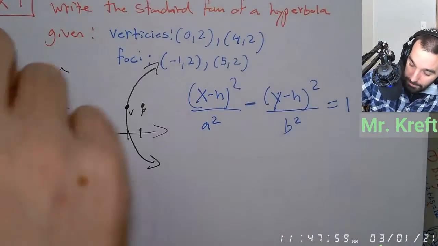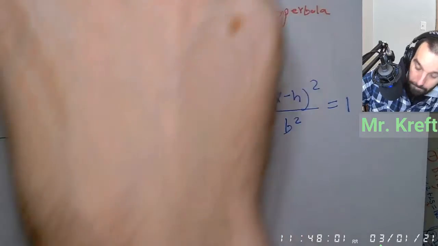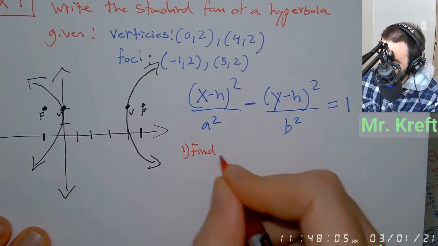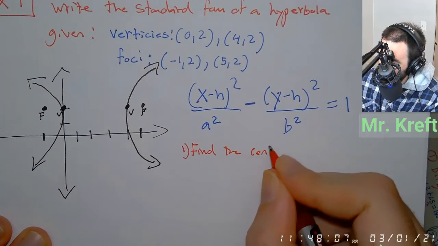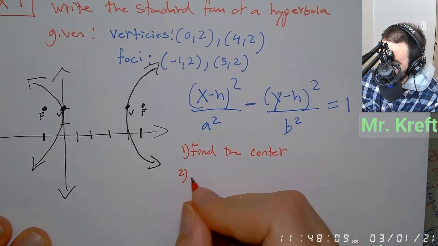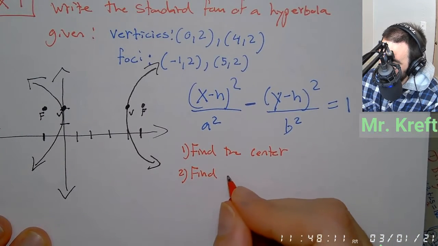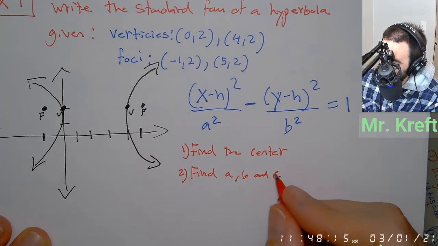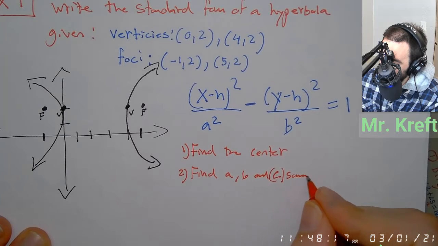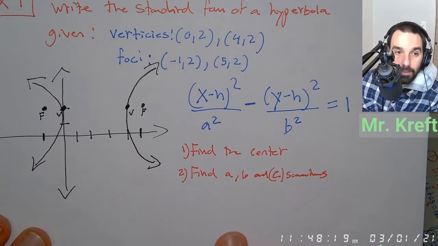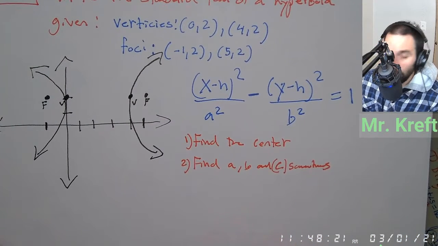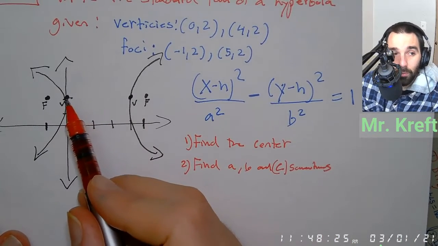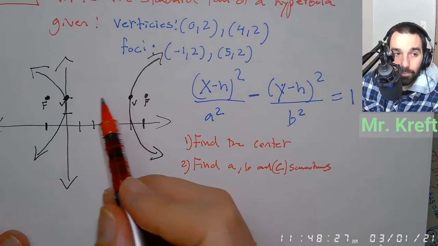I'm trying to go slow. Do you have questions or anything? So we need to find the center, and we need to find a, b, and sometimes c. How are we going to do this? We know the distance from the center to the vertex is a.